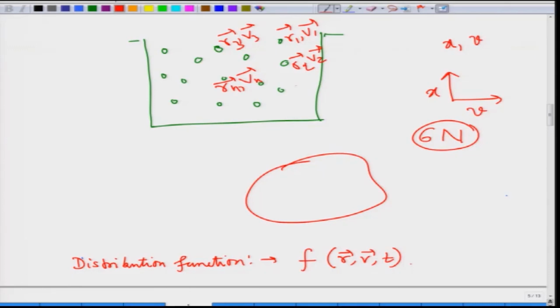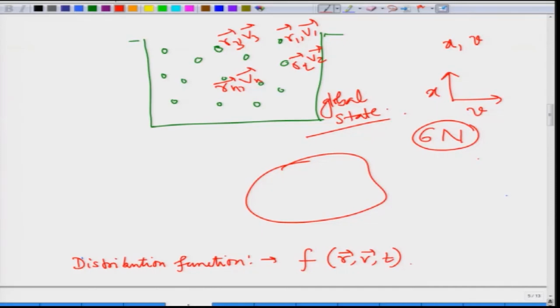Then if I take a snapshot at a given instant of time, I will get an ensemble of 6n values, which gives me a global state of the system at any instant.